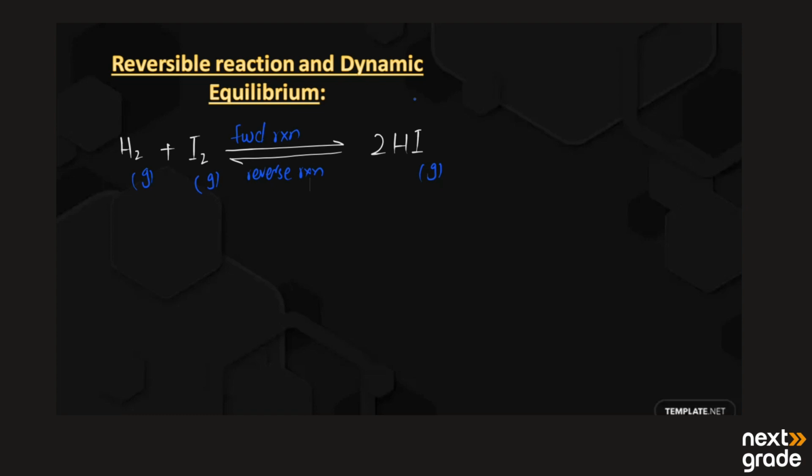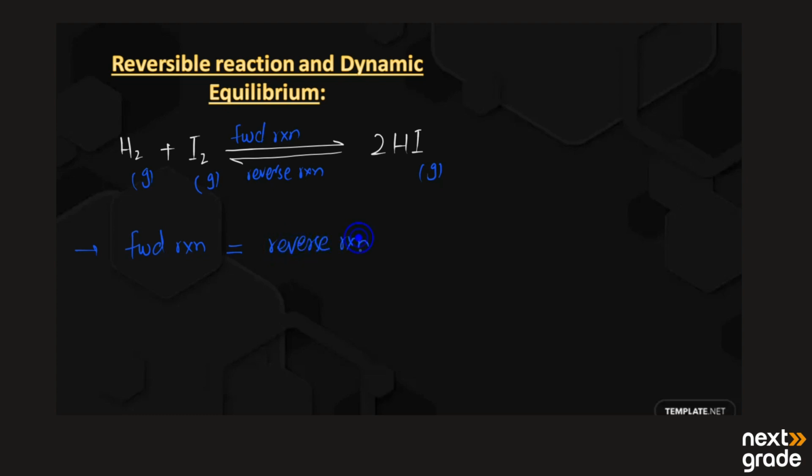When the hydrogen and iodine combine, this is the forward reaction. And when the hydrogen iodide decomposes and changes back into the reactants, this process is known as the reverse reaction.